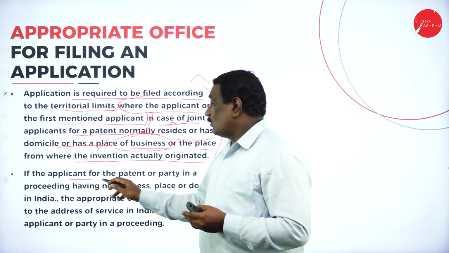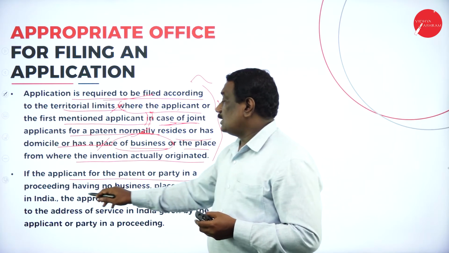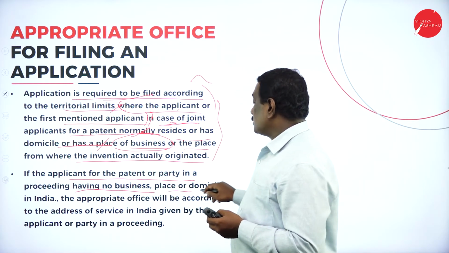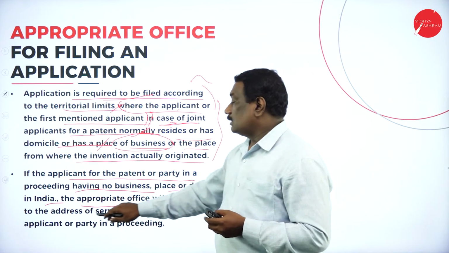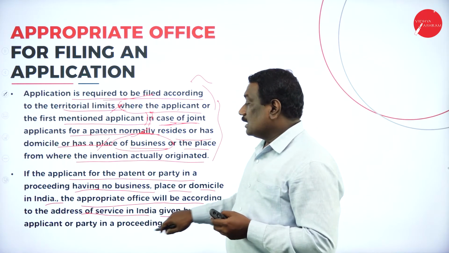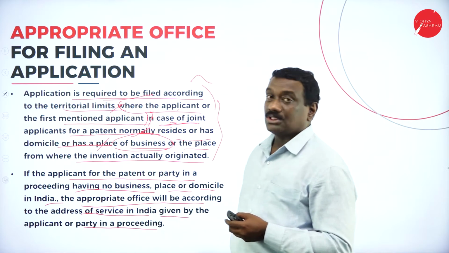Now if the applicant for the patent or the party in the proceeding has no business place or domicile in India, then the appropriate office will be according to the address for service in India given by the applicant or party in the proceeding.